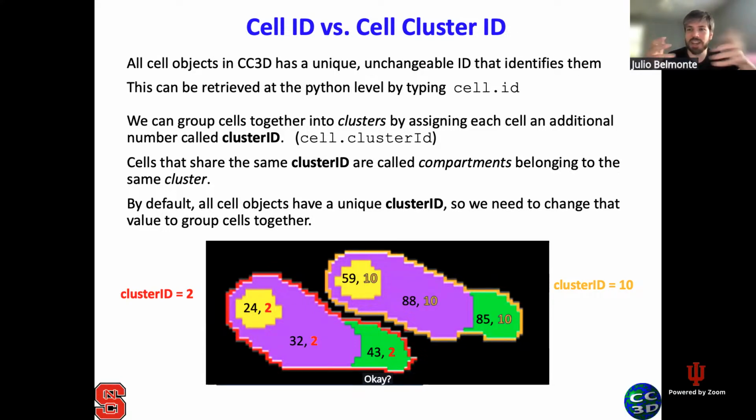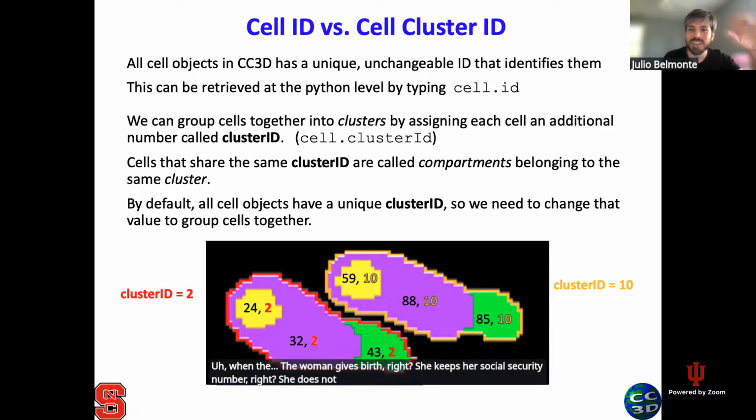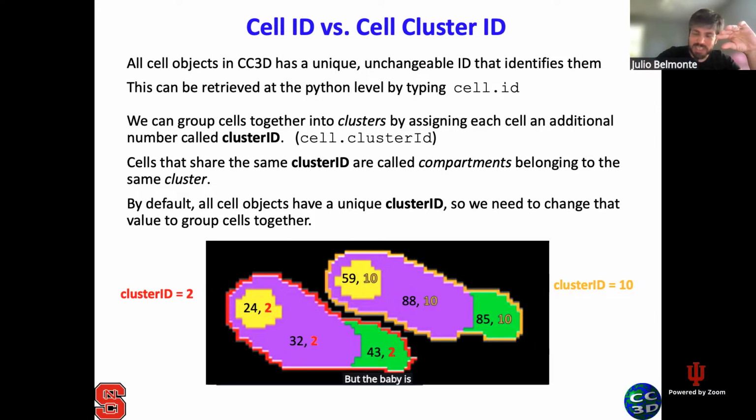So it's more like a birth process. When a woman gives birth, she keeps her social security number. She does not become a new person, but the baby is a new person, so he receives a new social security number. So you can make this analogy. Is a new daughter ID increasing in order of creation? I guess it is.